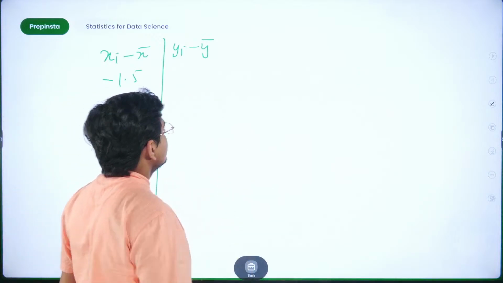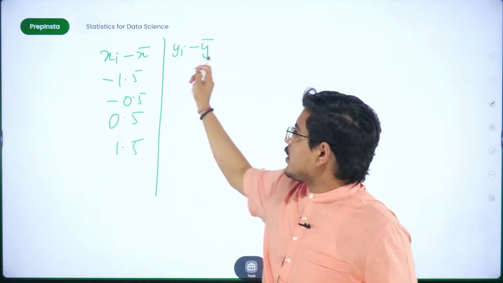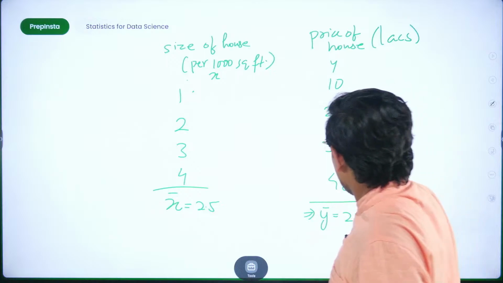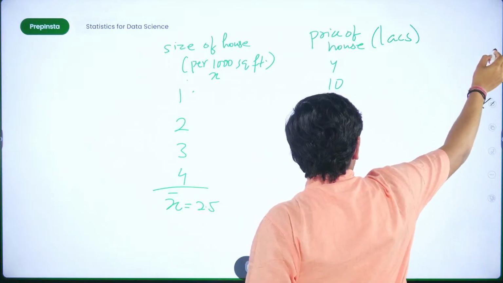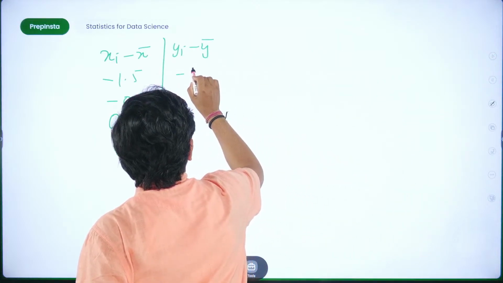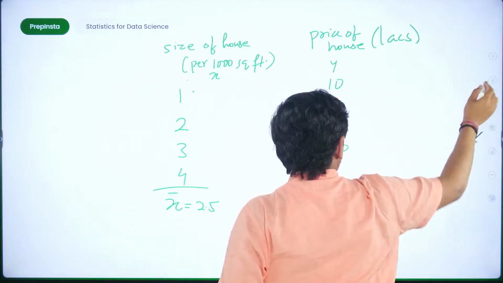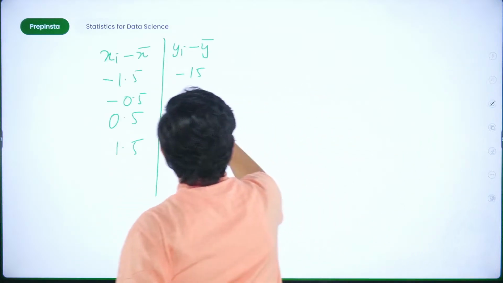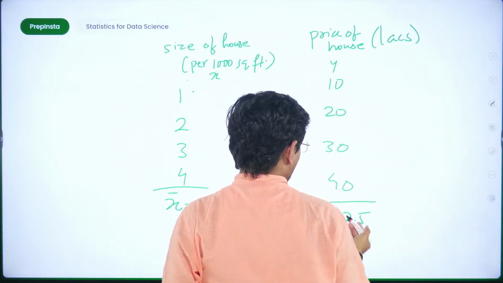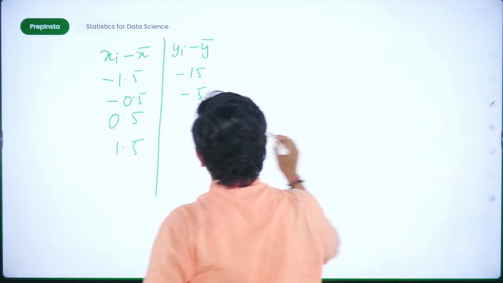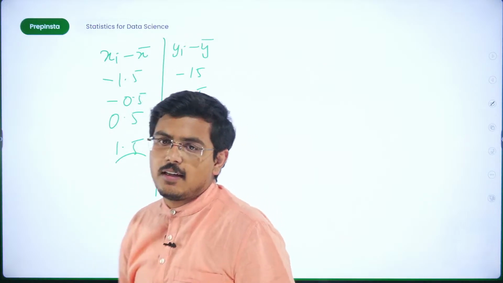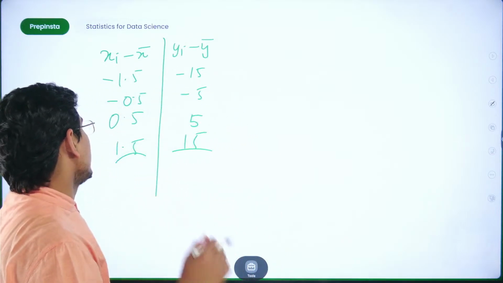When I talk about this particular portion, what would it look like? Let's check. 10 minus 25, that would be minus 15. Then minus 5, then 5 and 15. So basically this will cancel out. We have taken such inputs that they are cancelling out.